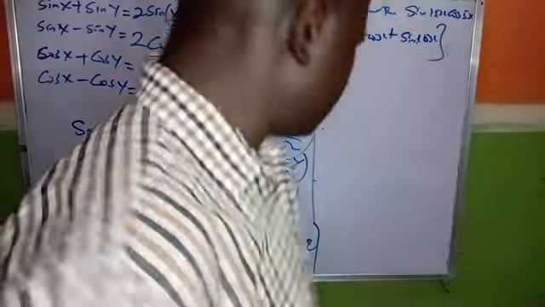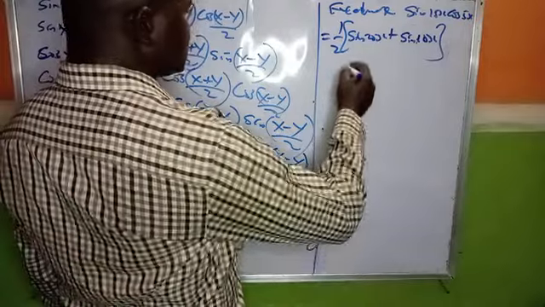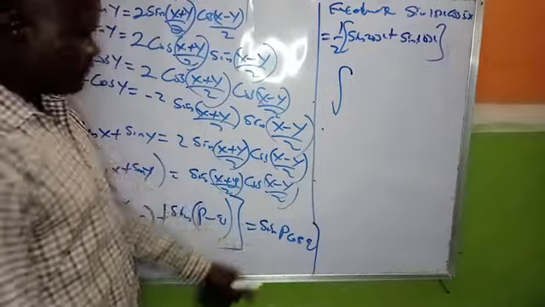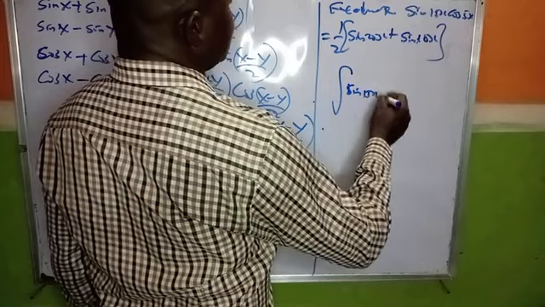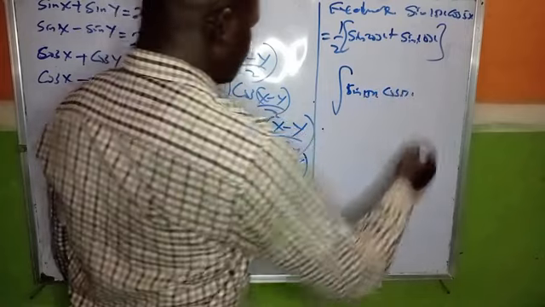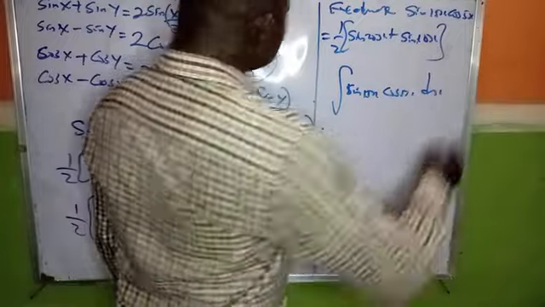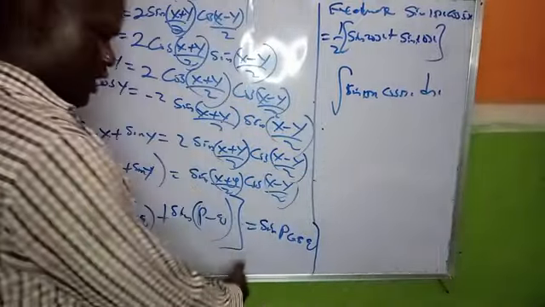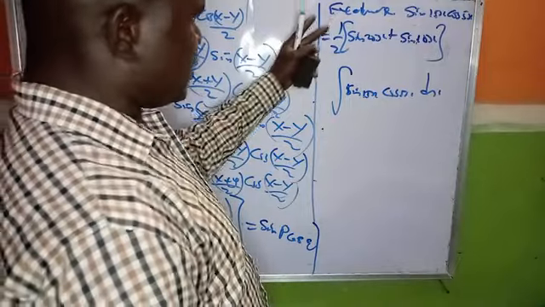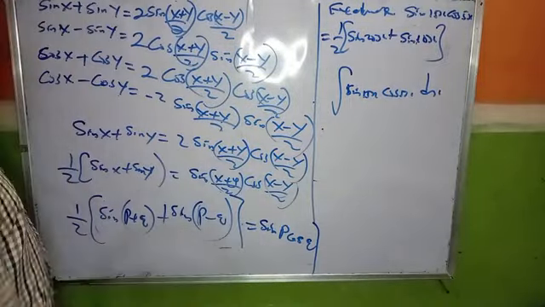Like in calculus, if you put integral here, integral of sine 15x cos 5x dx. If you want to integrate it, what you are going to do first is to apply a formula like this.